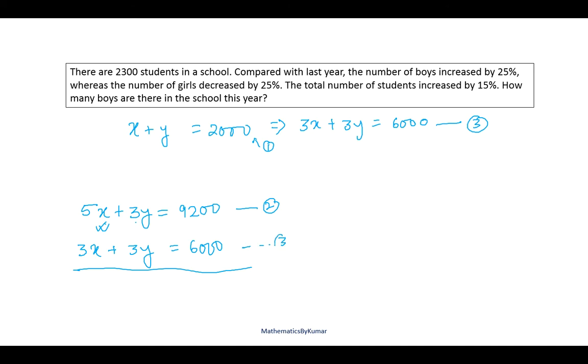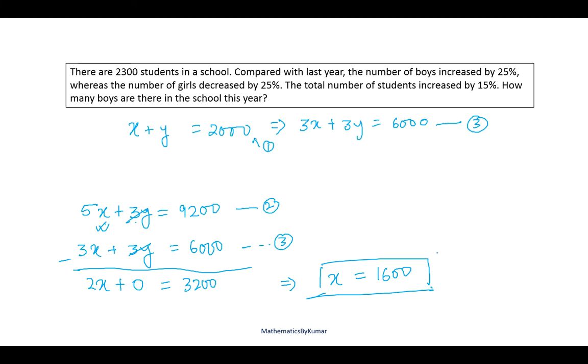If I subtract 3x from 5x, I'm left with 2x. 3y and 3y get cancelled out, so this is 0. And I get 9200 minus 6000, which is 3200. Which means my x is equal to 1600.